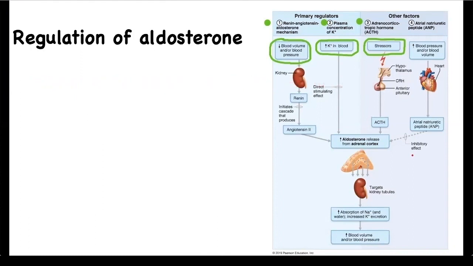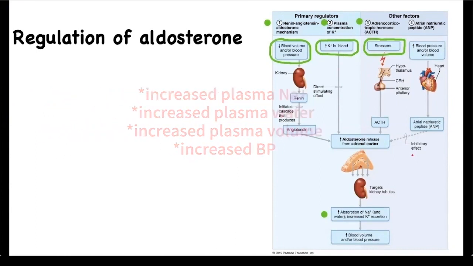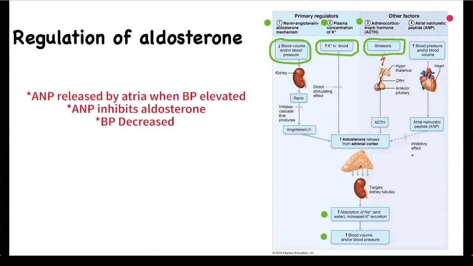As aldosterone levels in the plasma increase, this will increase the amount of sodium and decrease the amount of potassium in your blood. Increased sodium levels will lead to an increase in blood volume, which can result in an increase in blood pressure. A fourth factor is the hormone atrial natriuretic peptide.